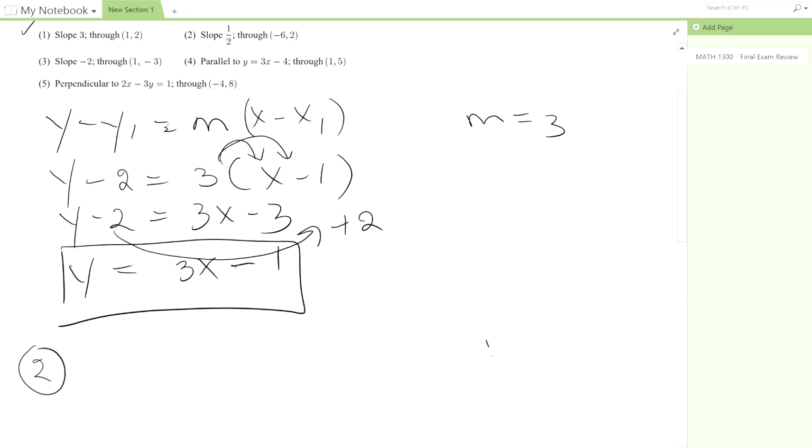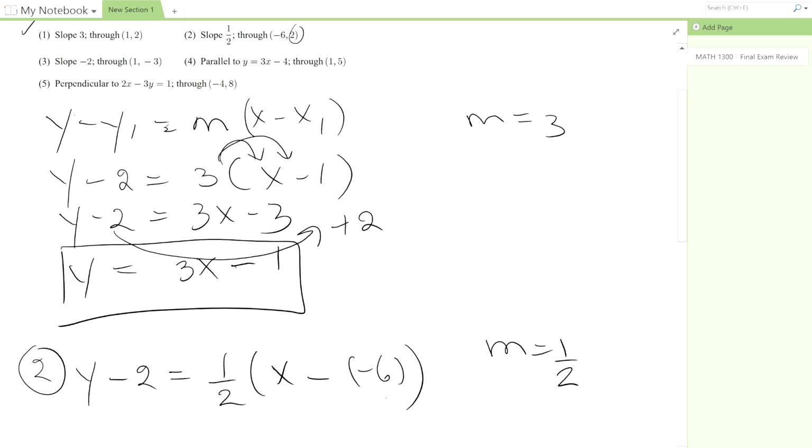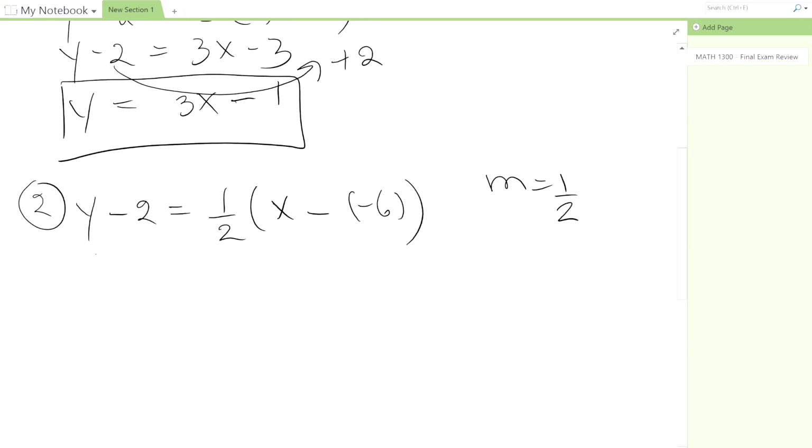For the second one, we're given that m is equal to 1/2. Okay, so we get y minus 2 equals 1/2 times x minus 6. Now we get y minus 2 equals 1/2 times x minus, and this negative sign becomes a plus, x plus 6.